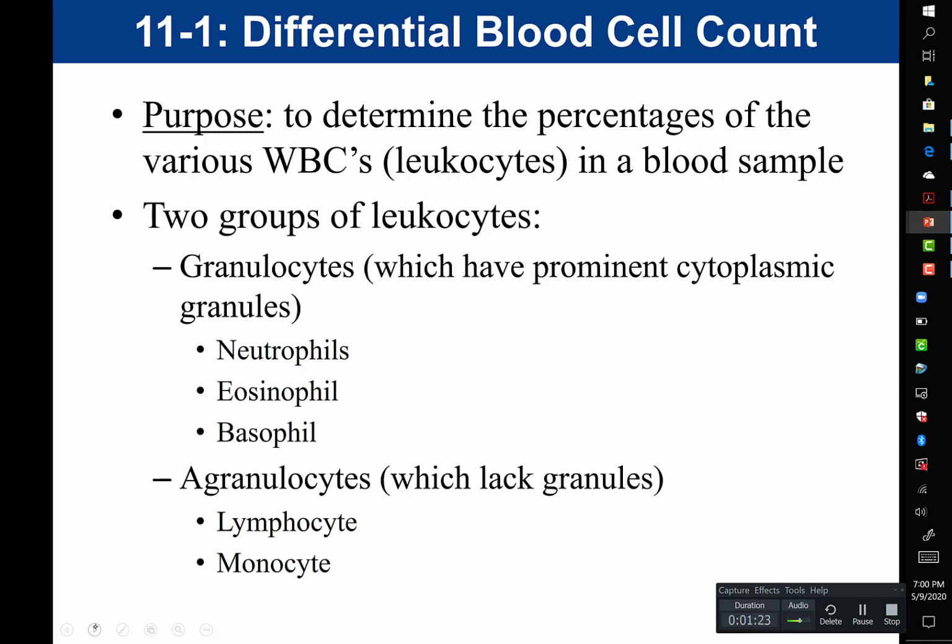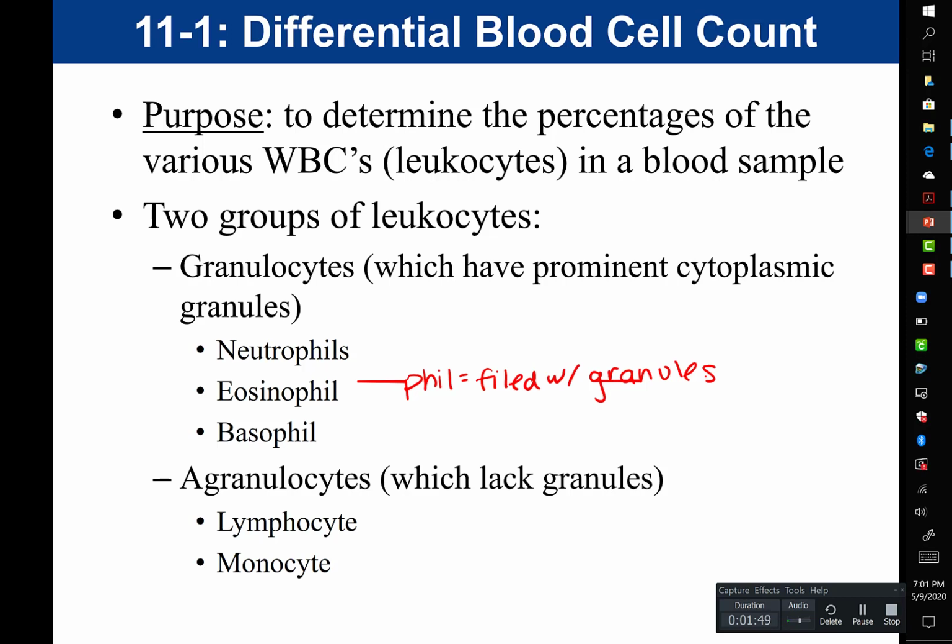So in the category of granulocytes, we have neutrophils, eosinophils, and basophils. The way that I remember this is if it says phil, it's filled with granules. So phil means that it's filled with granules and it's a granulocyte.